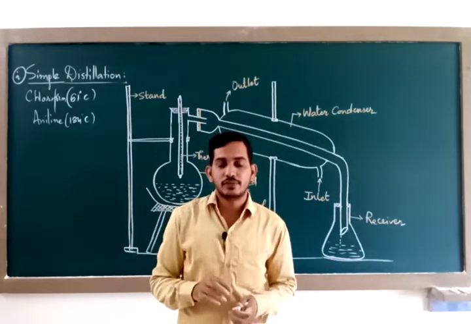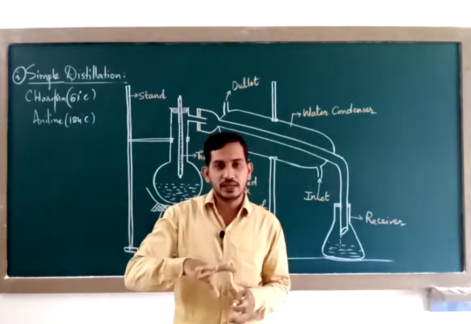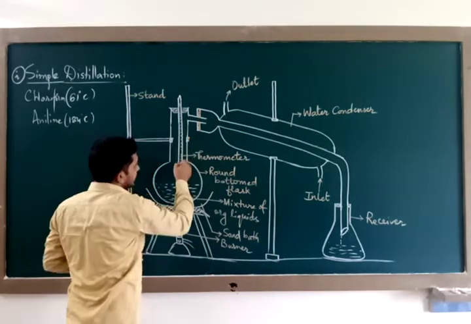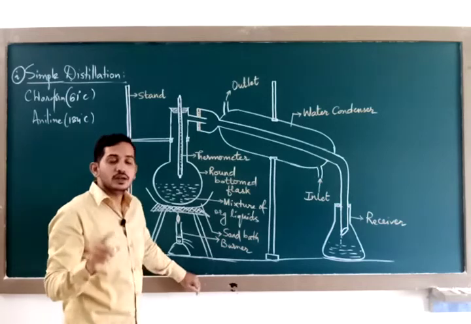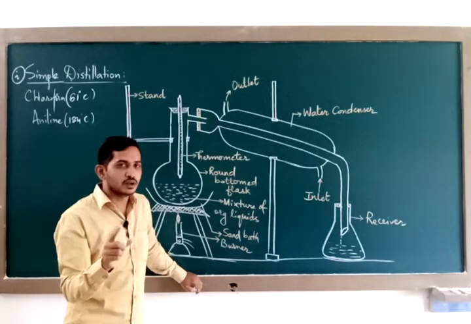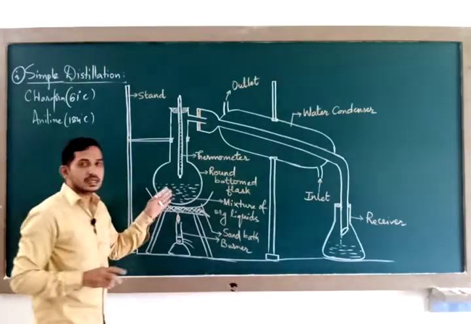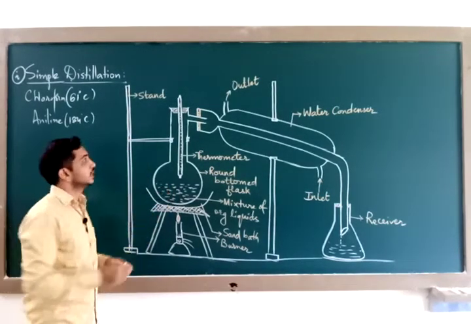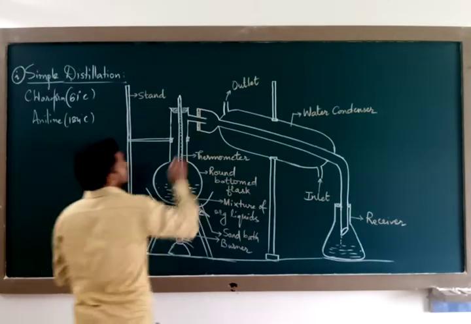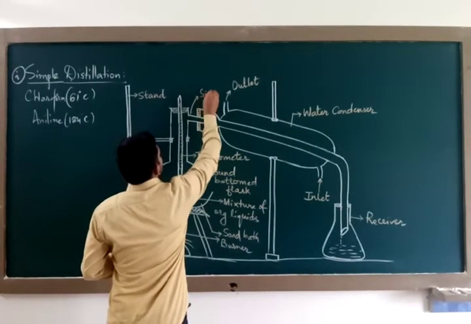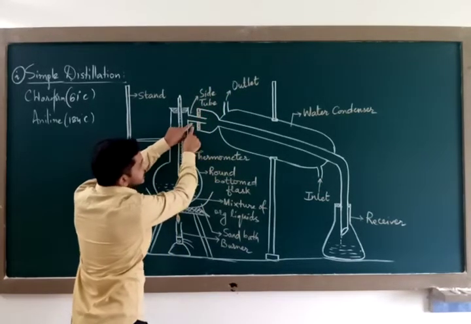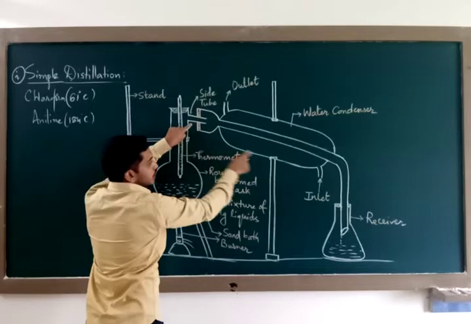Inside that flask, you pour the impure organic liquid, and it is fitted with a thermometer. What for? To notice the boiling point of the two liquids present inside the flask. Then this flask has got a side tube which connects to a water condenser.